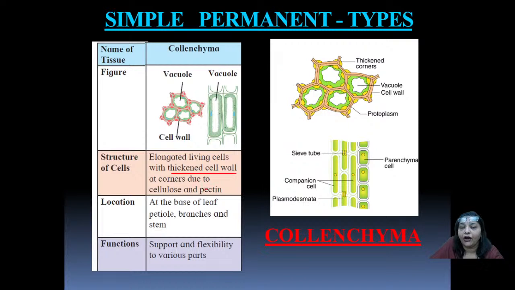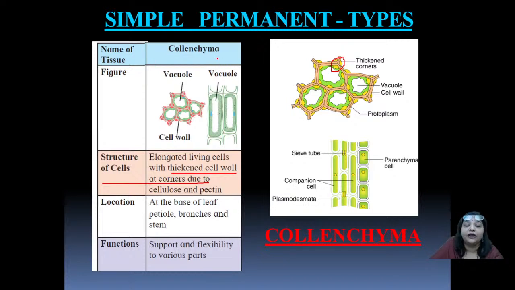But how thick? The cell wall thickenings are actually found at the corners of the cells, and that is due to the deposition of cellulose and pectin substances. That is why you can see here the corners of the cells are thickened. And of course they have large vacuoles.